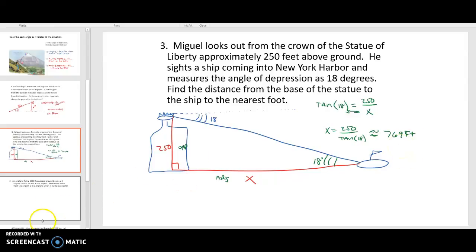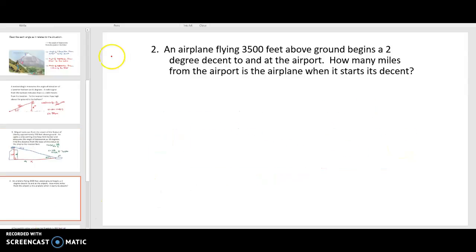Okay, all right, the next problem. An airplane flying 3,500 feet above the ground. So right away, if I draw my airplane, this is a little easier to draw than the Statue of Liberty. Okay, so right now, this airplane is 3,500 feet above the ground, right?